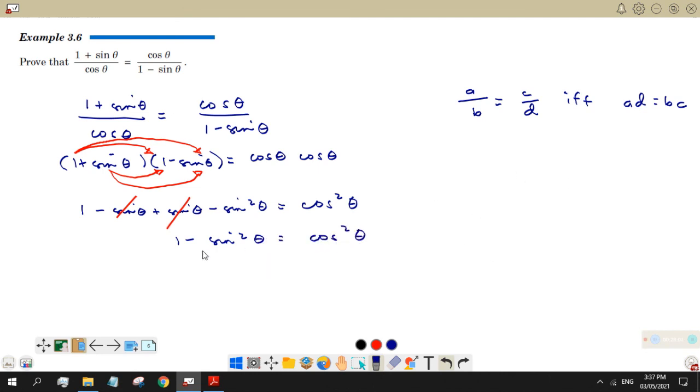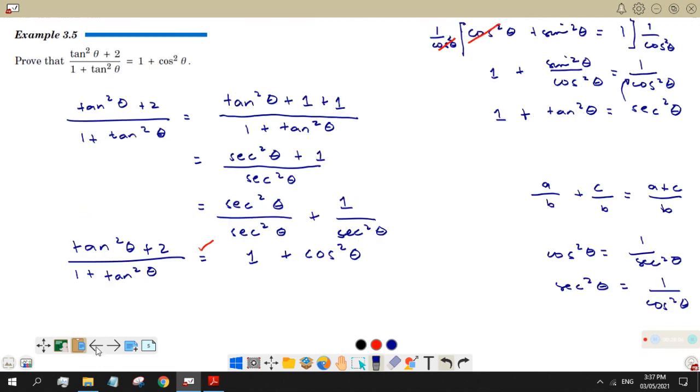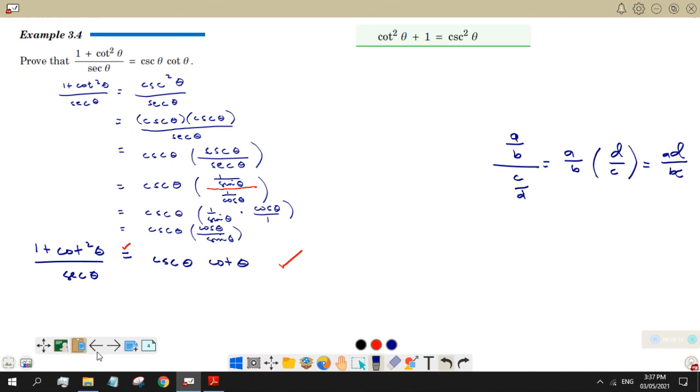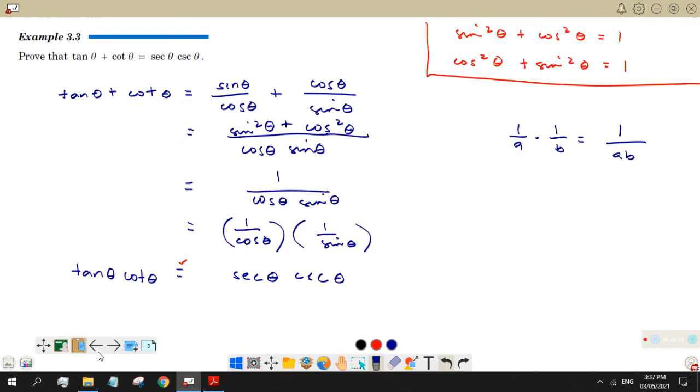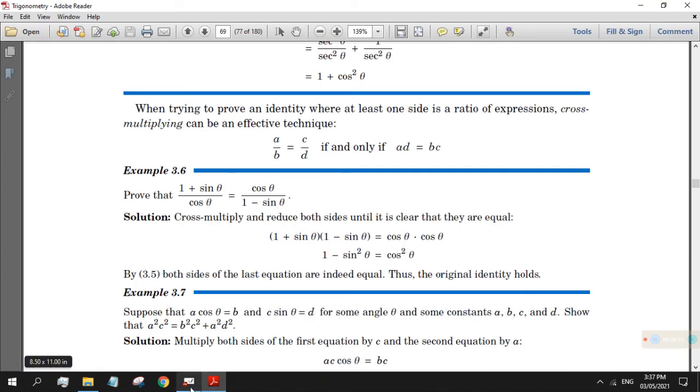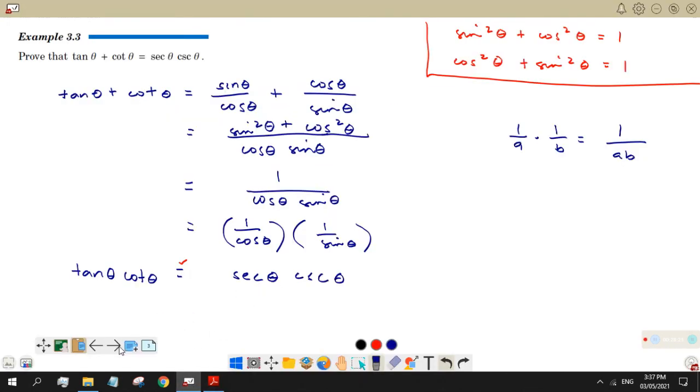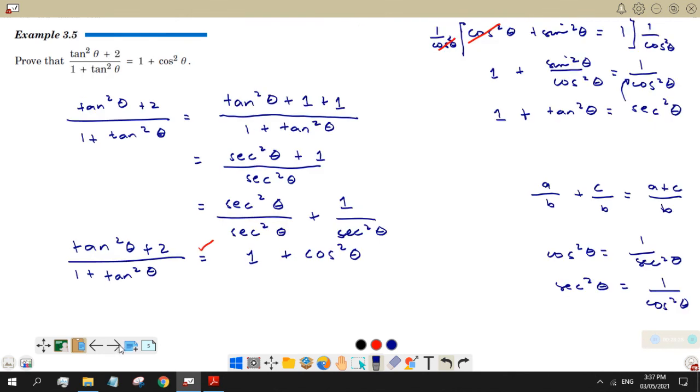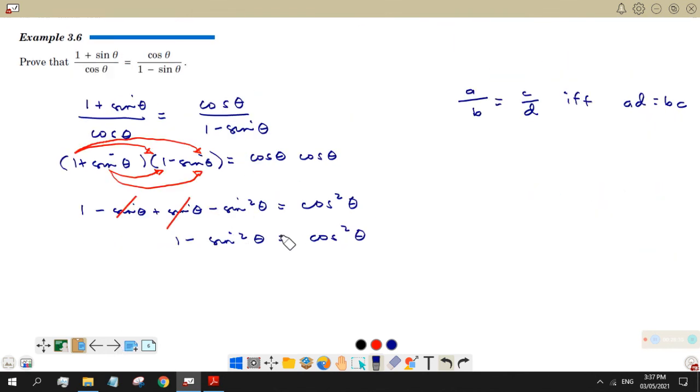So, we already know this from here. Yan. We know that cosine squared theta is equal to 1 minus sine squared theta. So, this one is true. The left-hand side is equal to the right-hand side.